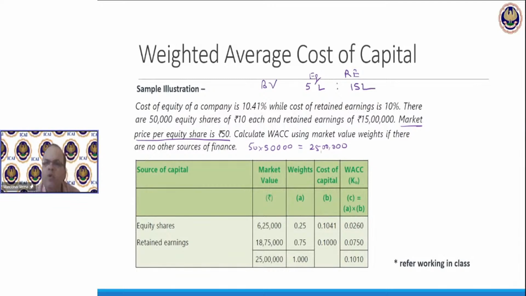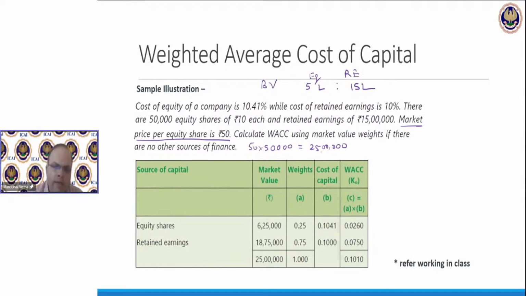So I'm getting 1:3 because 5:15 lakhs is the book value. Okay. So 1:3, perfect. Everyone is saying 1:3.